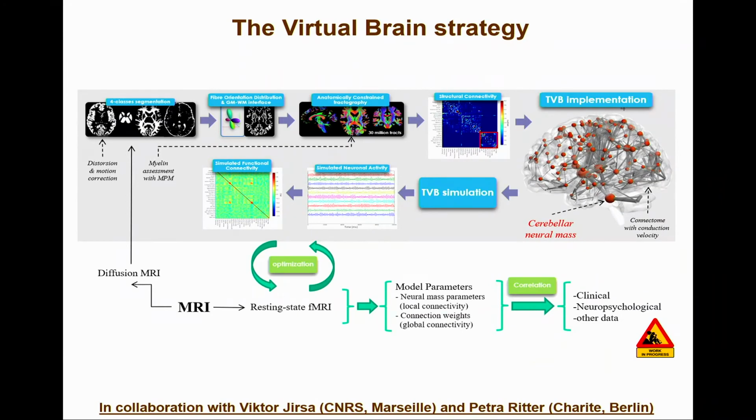This applies, in a way, to the cortex. The cortex has been represented in this way quite successfully, obtaining interesting information about how the cortex works and how the brain waves observed in the cortex are generated. What about the cerebellum? The cerebellum has an internal microcircuit that is very different from that of the cerebral cortex.